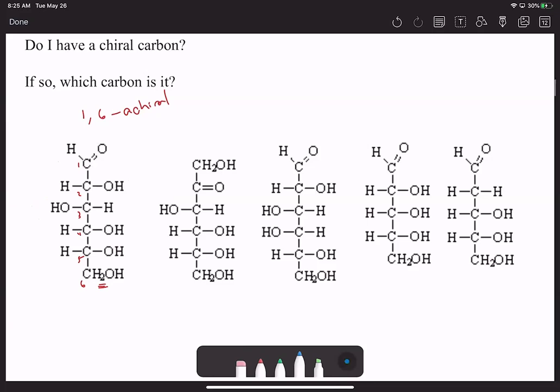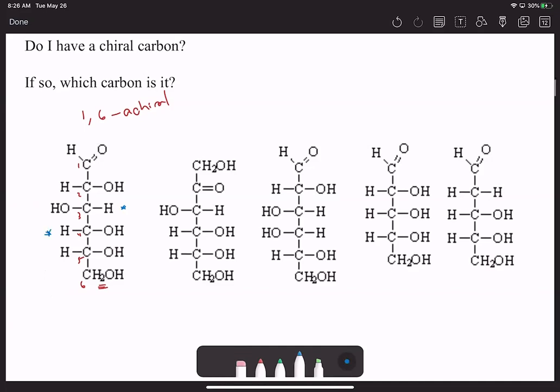Carbon number 3, I have the hydroxy, the hydrogen, I have this, and I have this. So again, number 3, definitely chiral. Number 4, I have this thing up here, this thing down here, and yep, that carbon is definitely going to be chiral. So carbons number 2, 3, and 4.